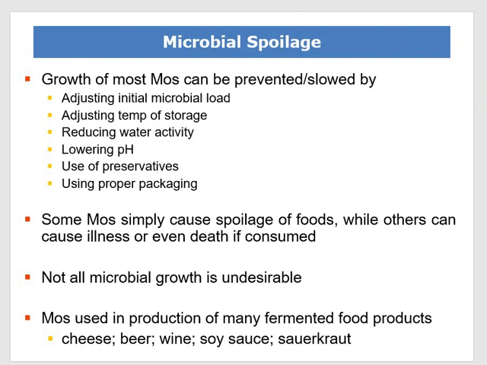So, microbial spoilage, as we mentioned, is one of the major ones. The growth of microorganisms can be prevented or slowed down, because not all microorganisms can be deactivated or gotten rid of. That's why we have processes like UHT milk and pasteurization. In UHT milk, we get rid of everything.